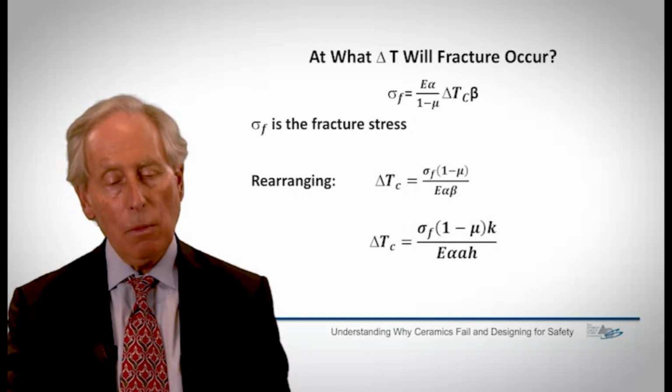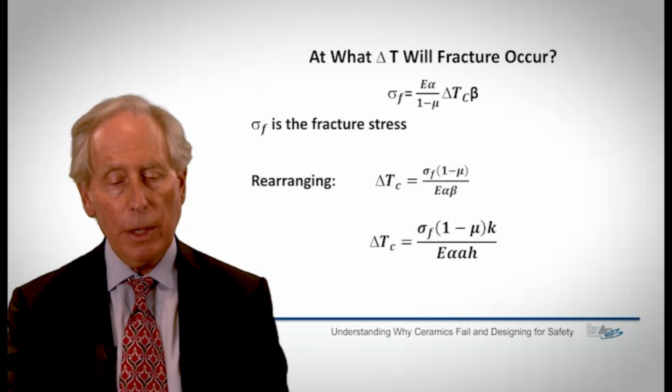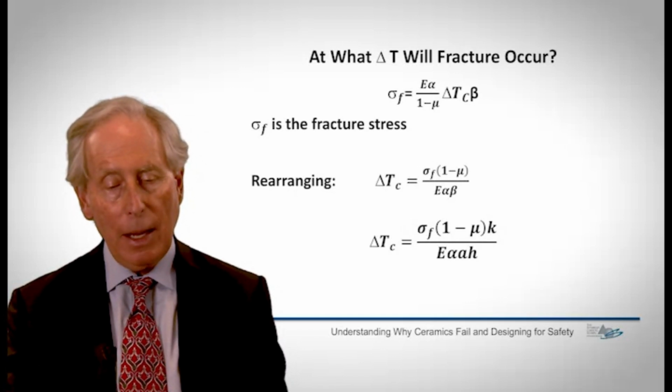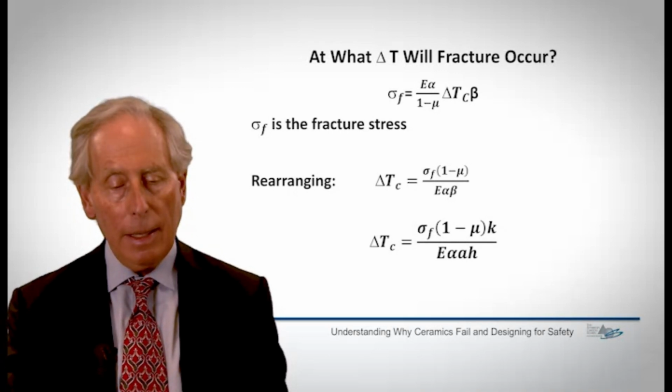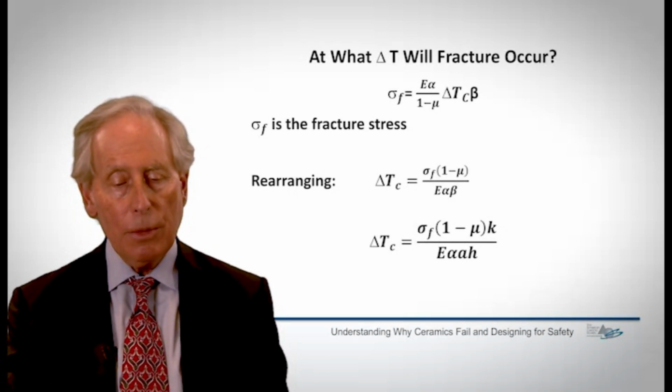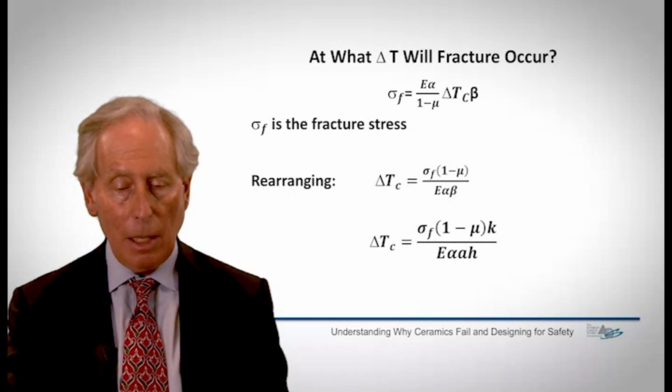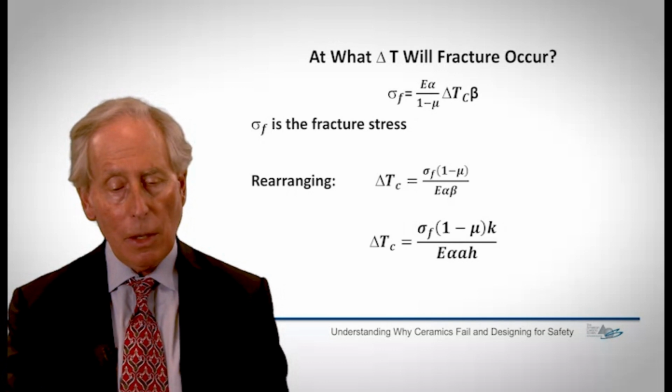So if the question is at what delta T, at what temperature differential will fracture occur, then again I'm using that same expression. Now I've put in the beta as well as all the other parameters I showed you earlier, and then I rearrange the terms to calculate what delta T critical will be, and you can see that it is directly related to the strength of the material, which I can measure independently, elastic modulus, thermal expansion coefficient, but I also have to bring in that Biot modulus, which contains thermal conductivity and heat transfer coefficient and size.